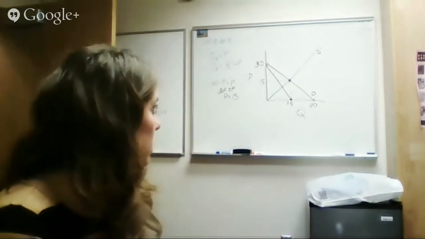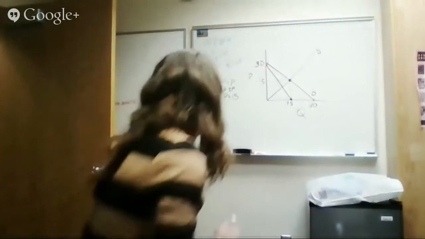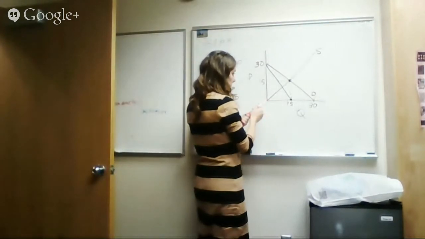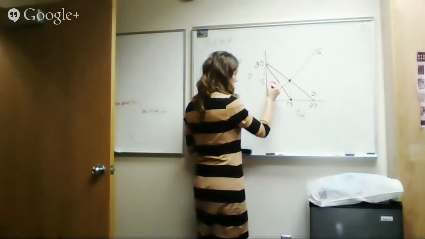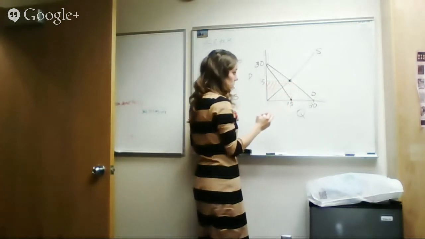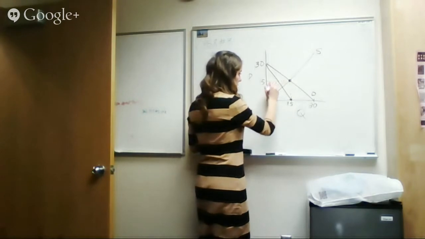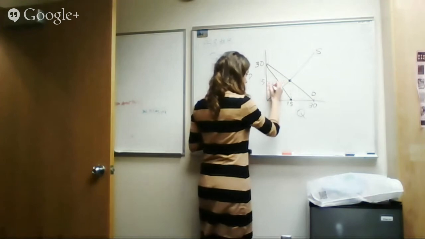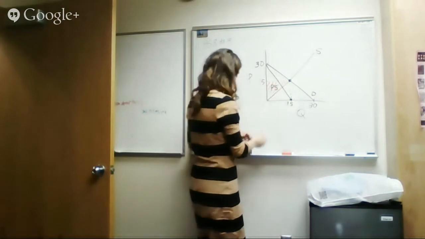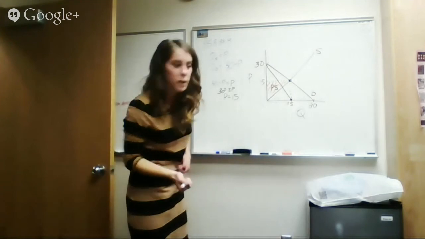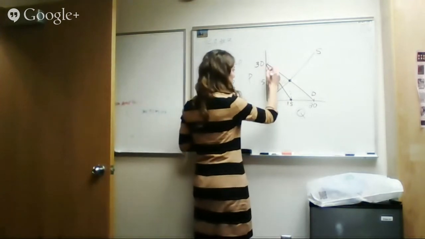The producer surplus is going to be given by the area under this price curve and above the supply curve. Consumer surplus is going to be up here.